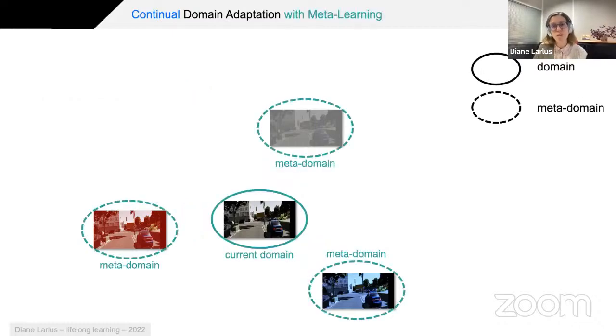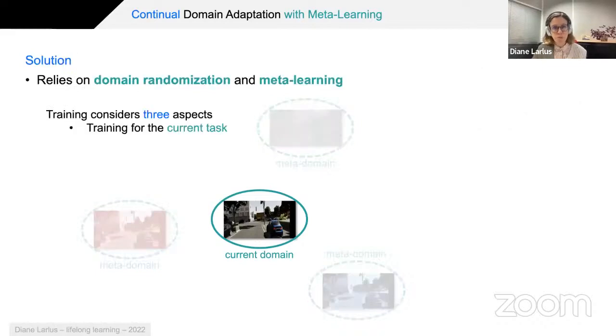But you can also leverage these transformations in a more principled way. Now we're going to call meta-domains each set of samples that we obtain for a given transformation. Here we have our current domain, so a set of images to train from. And then if we choose 3 different transformations, we can create 3 meta-domains in this example. Our proposed solution relies both on domain randomization that I mentioned before and meta-learning.